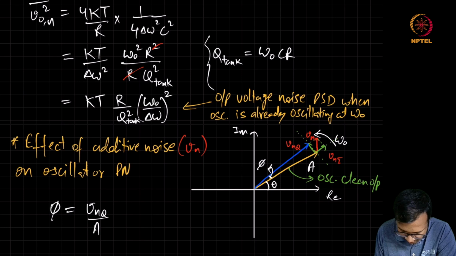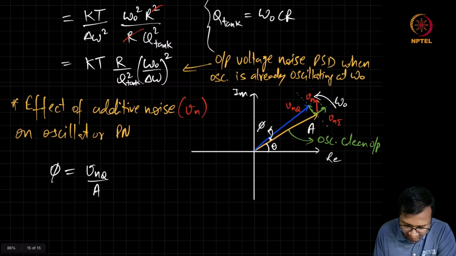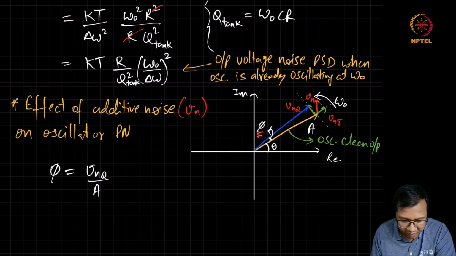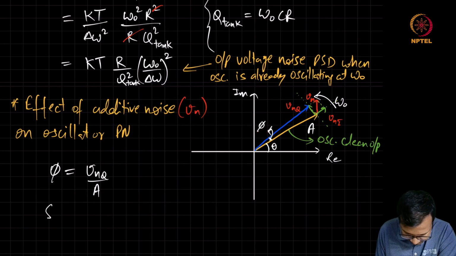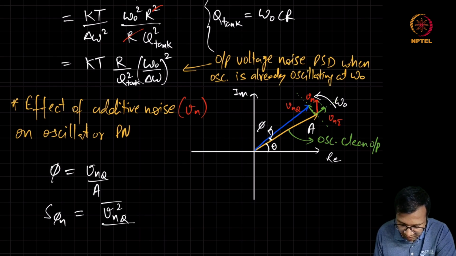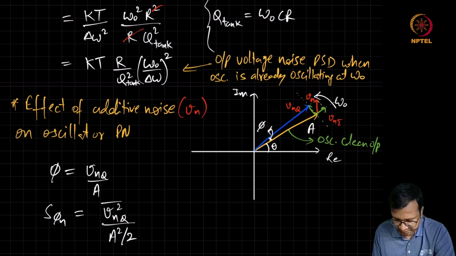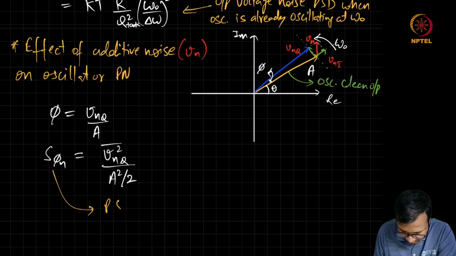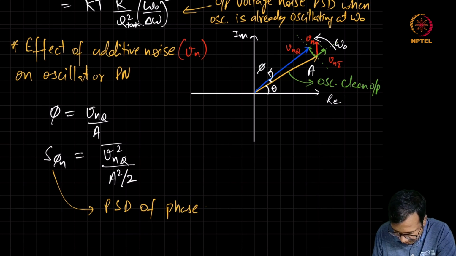And if we want to find out the PSD of this phi, this is going to be equal to the PSD of Vnq divided by the signal power, which will be A square by 2. This is the PSD of phase noise.